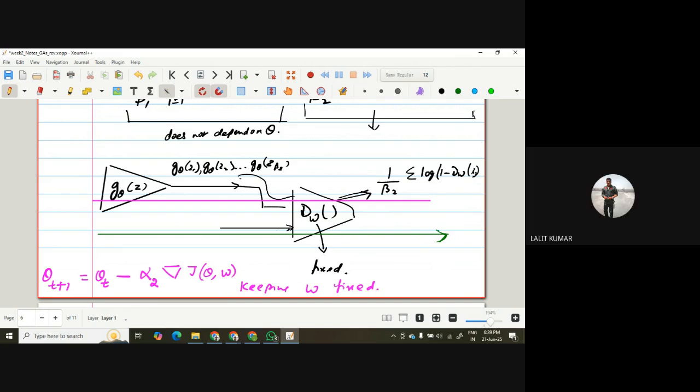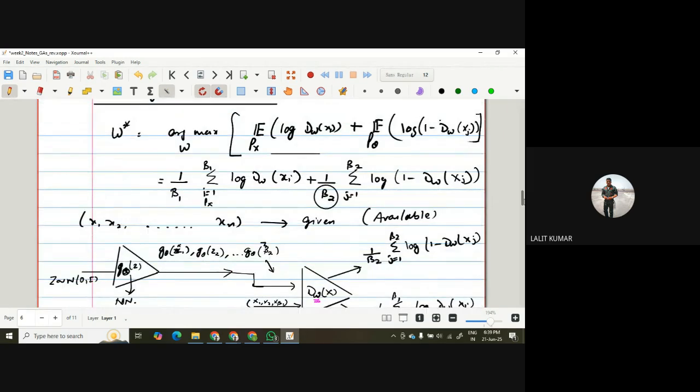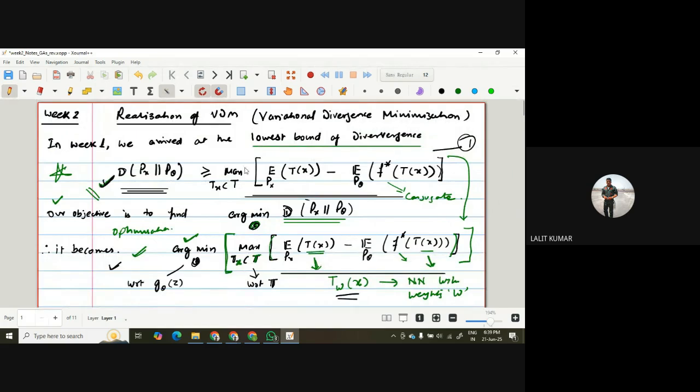So this is the culmination of week 2. Again, I will just carry out a quick revision, from where we started, from the thing where we had finished in week 1. We had found a lower bound on the divergence, and we found that it is greater than or equal to max of T(x) belonging to a wide range of functions T, expected T(x) where the domain is P(x), minus expected f star of T(x), which is the conjugate, where the domain is P theta.